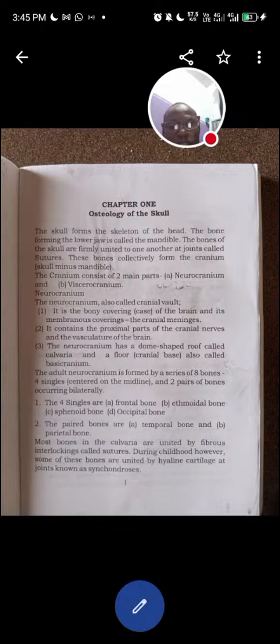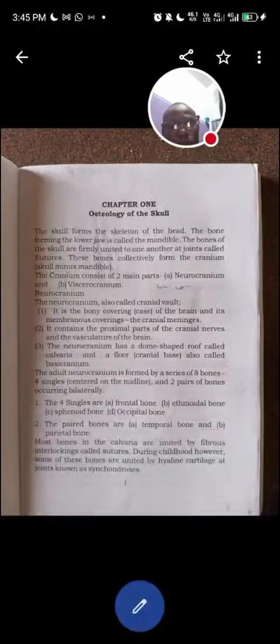The four singles are frontal bone, ethmoidal bone, sphenoid bone, and occipital bone.